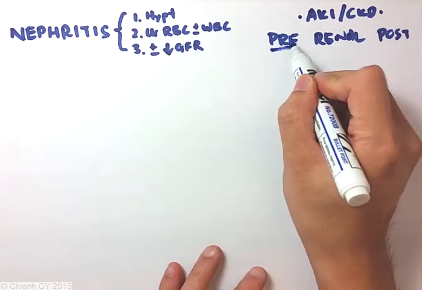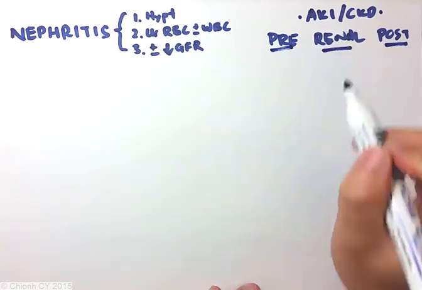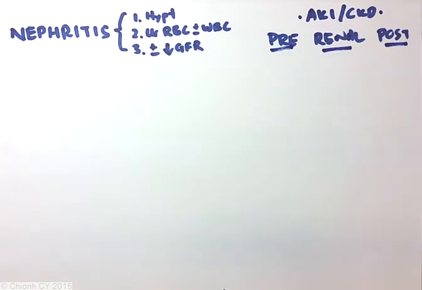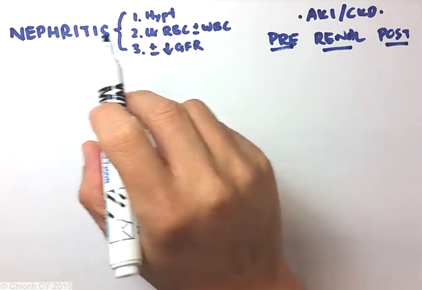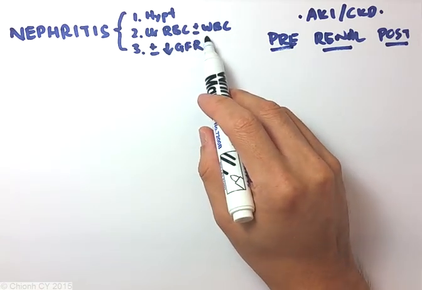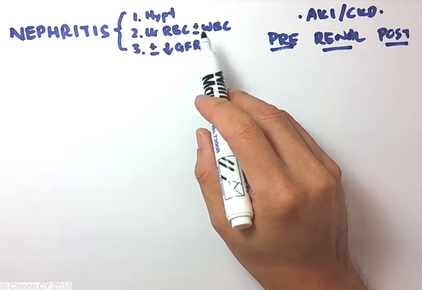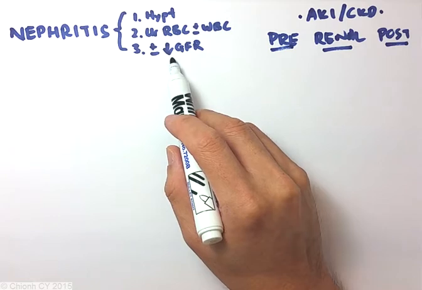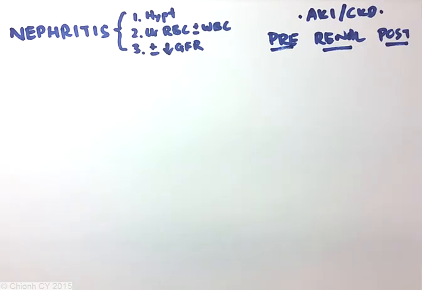After we have excluded pre-renal and post-renal causes, we will then have to think of a renal cause of either AKI or CKD, and we will suspect that the patient has got a nephritis if there's presence of hypertension, a cellular urine, either a hematuria alone or a hematuria with a pyuria. The patient may or may not have renal impairment depending on how early he has presented.